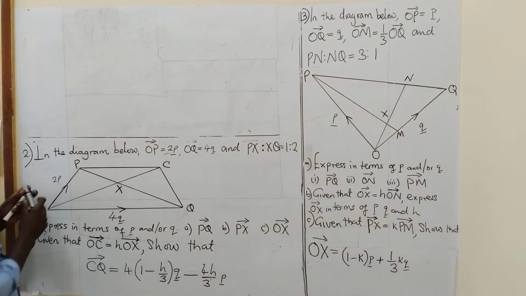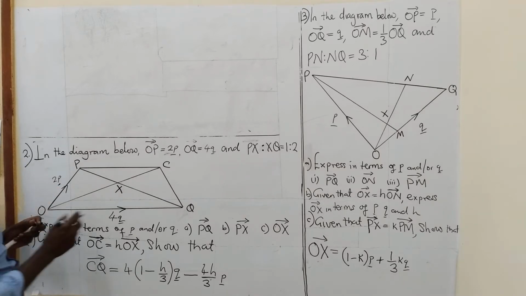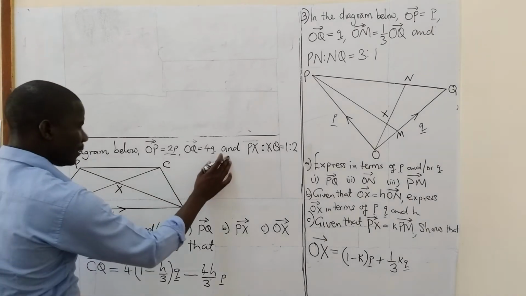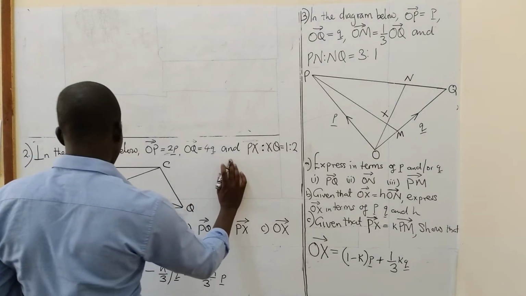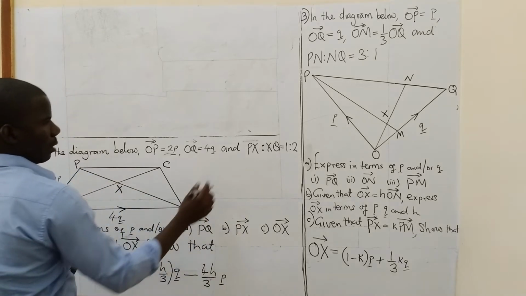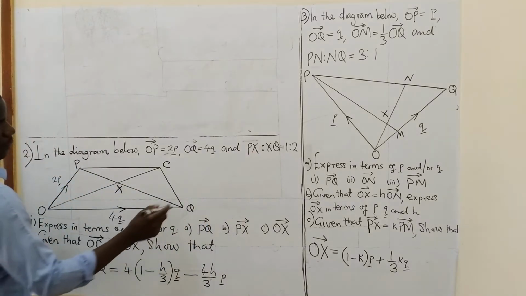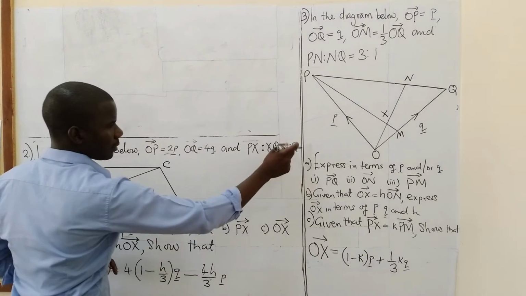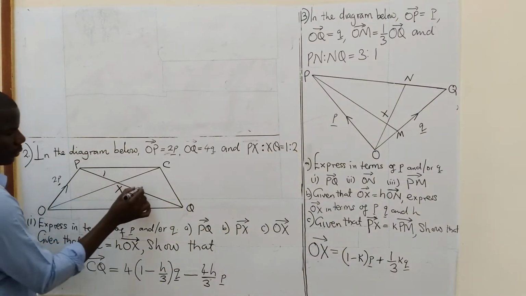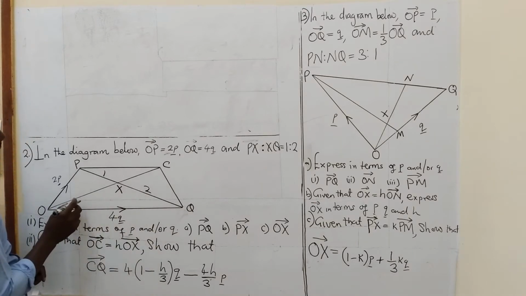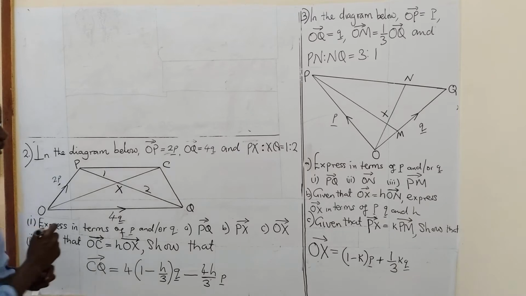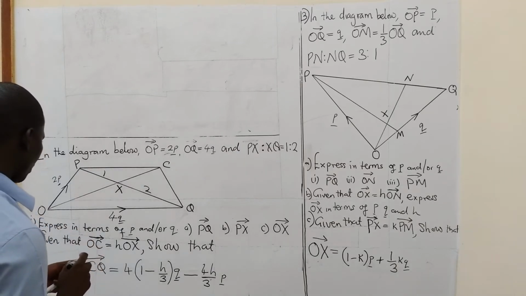OP is equal to 2P, OQ is equal to 4Q, and the ratio PX to XQ is 1 to 2. That is important for us to know.